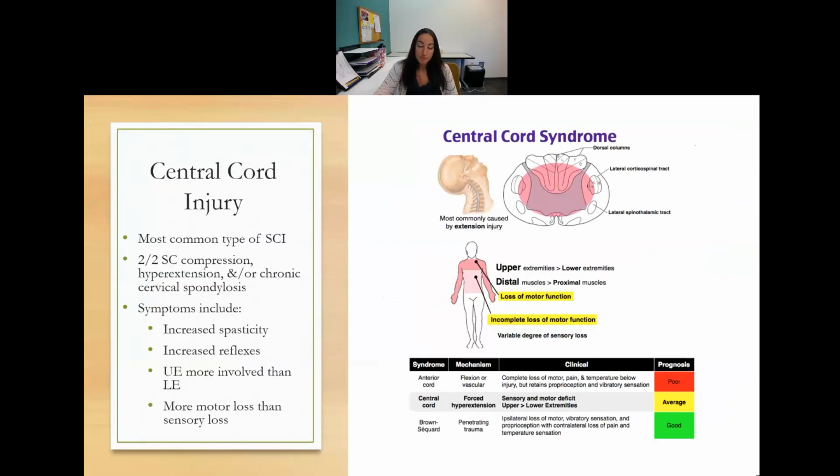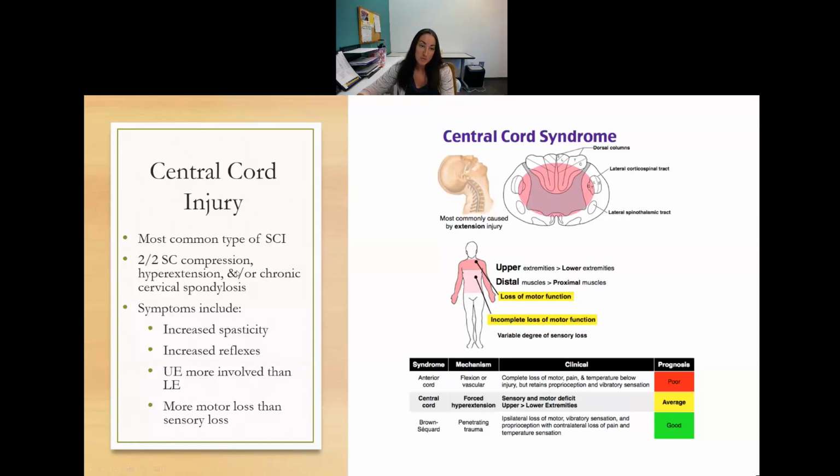Okay, with a central spinal cord injury, this is actually the most common type of cord injury. It could happen with extension injuries. It could happen with compression injuries. With spondylosis, if something is pressing in and narrowing the spinal column and constantly putting pressure on it, eventually it could cause cord damage.